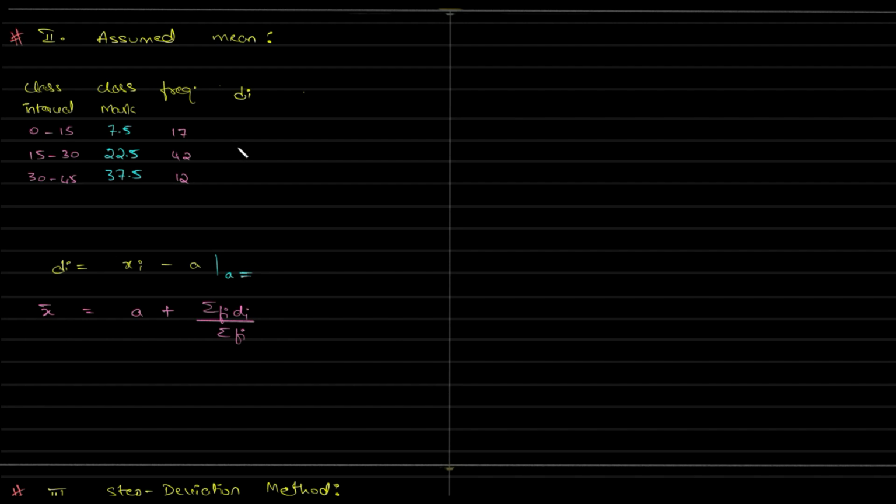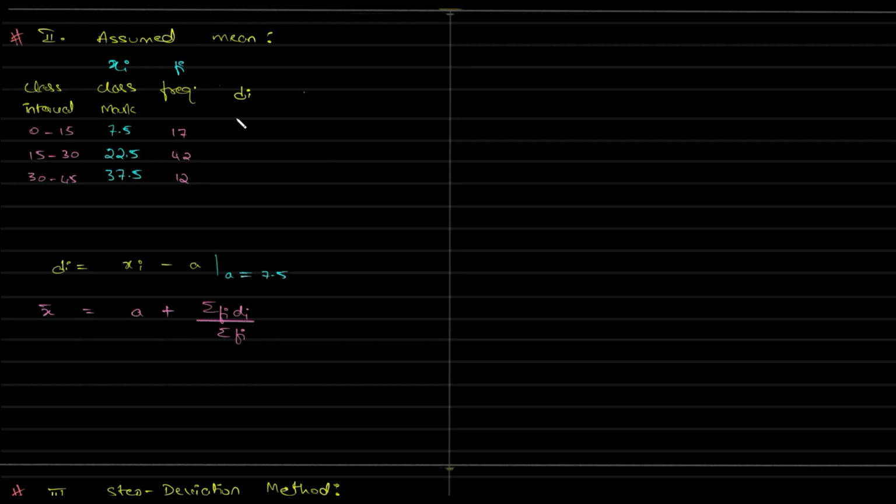Here, I'm going to use something called the assumed mean. That is, I'm going to assume a particular number to be the mean, and I'm going to subtract it from xi. For example, di is xi minus a, where a is, I'll take 7.5. I'll assume that to be the mean.